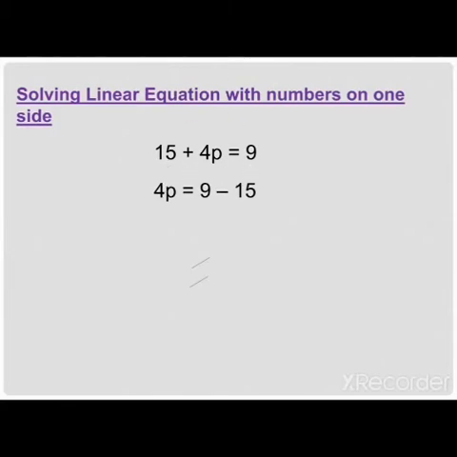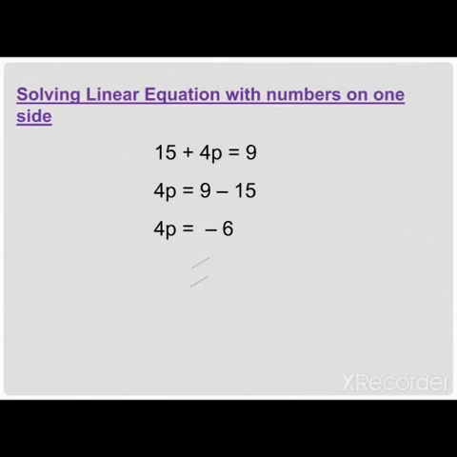15 is on the left hand side, so we can shift it to the right hand side. Sign will be changed, positive to negative. 9 minus 15 is minus 6. It means 4p equal to minus 6. 15 is greater than 9, so we put the negative sign.